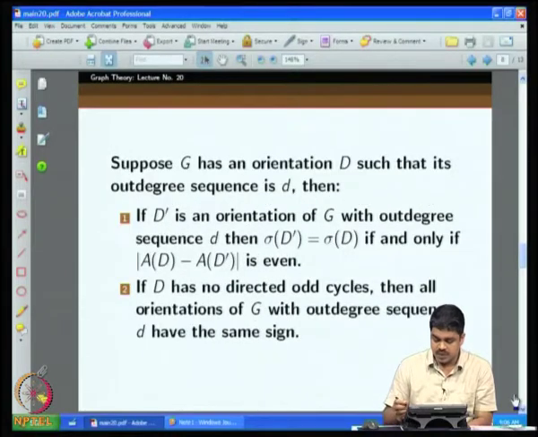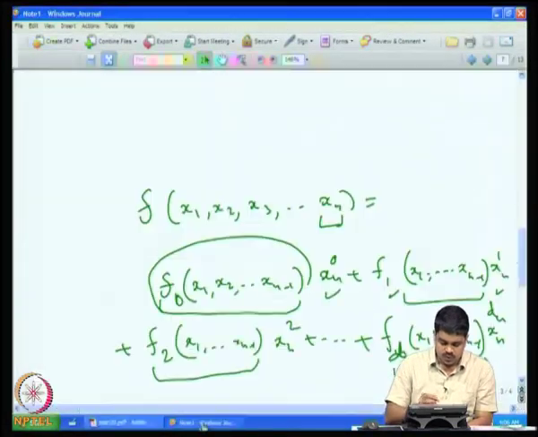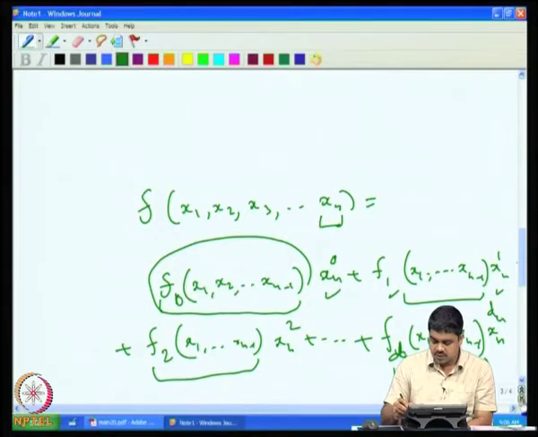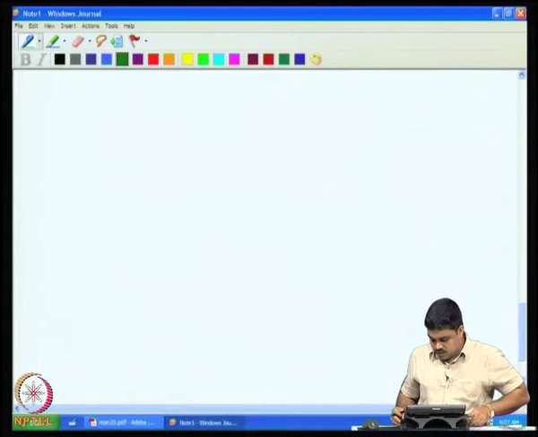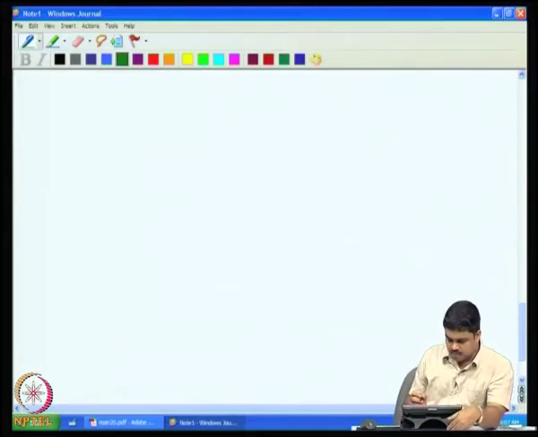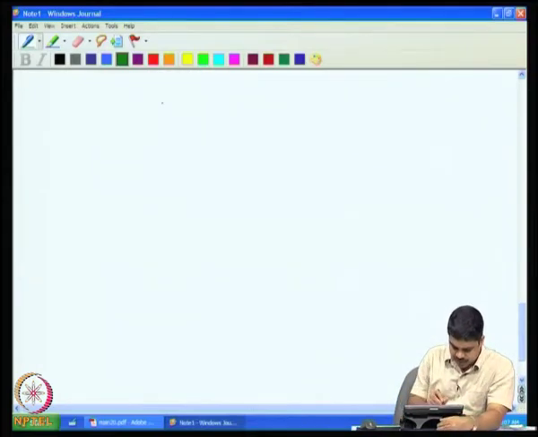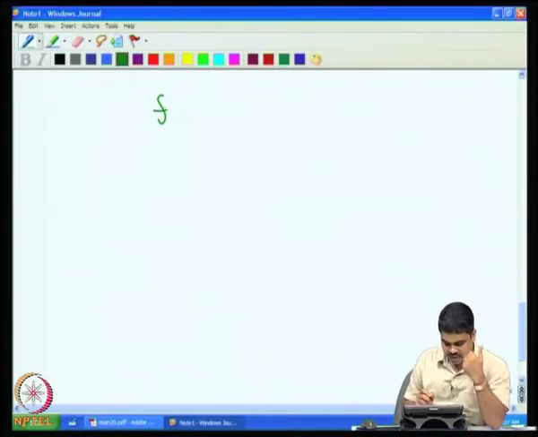So, to prove this, we will use the earlier statement, we will reduce this to that. So, our problem is that f is not a polynomial as we described in the earlier statement. It may have higher terms, x i's highest degree may be more than d i, therefore, we have to reduce it.